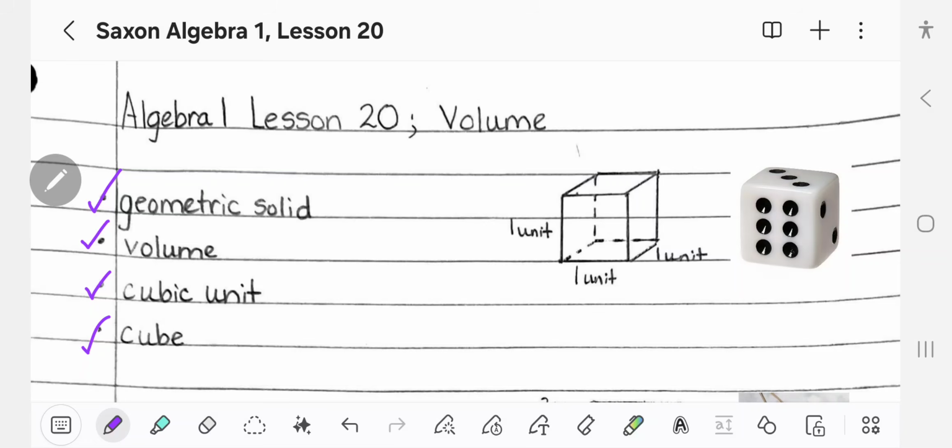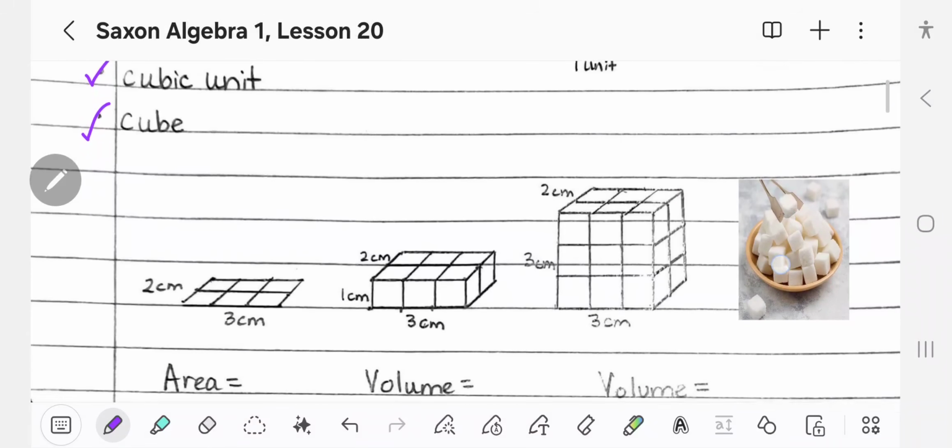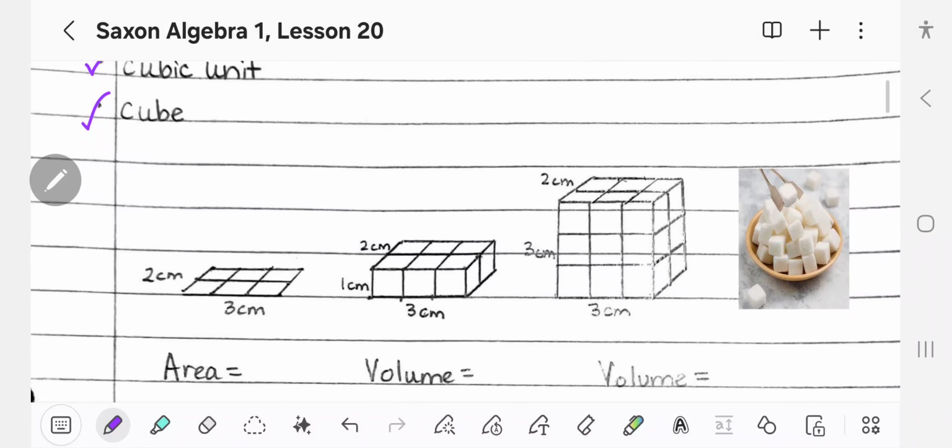So let's look at some examples, some pictures here. Your book gives you these examples. We have learned about area. This area is kind of sideways the way they drew it in the book, but it's supposed to be picturing flat. So imagine this as being like graph paper. You're just viewing it from the side. So this is our little piece of graph paper that is 2 by 3. It is flat.